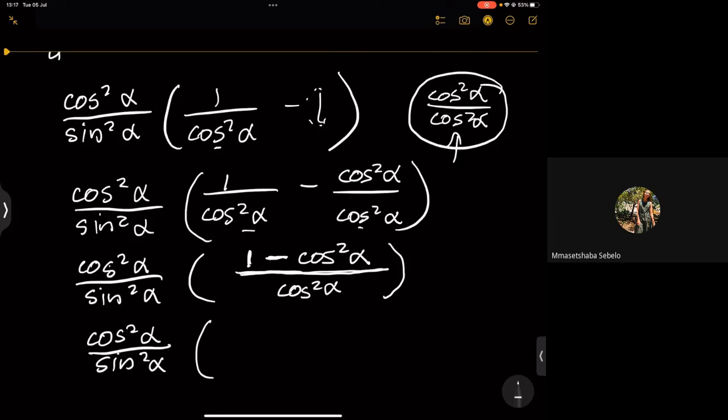This is equal to sine squared of alpha over cos squared of alpha. I'm sure many of you can already see what's going to happen here.